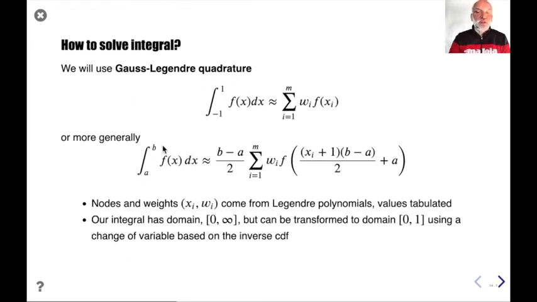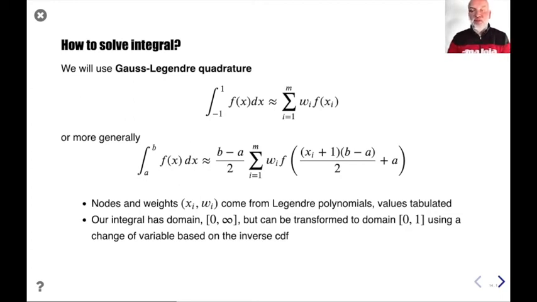Well, you can easily get it to be a bounded interval from a to b simply by using a simple change of variable. And this is the formula we're going to apply. Just a few words about what is in these equations. This is the function we're trying to integrate. x_i are the quadrature nodes, w_i are the quadrature weights, and we're going to work with i equal 1 up to m quadrature nodes and weights.